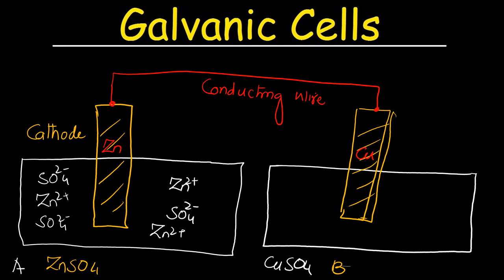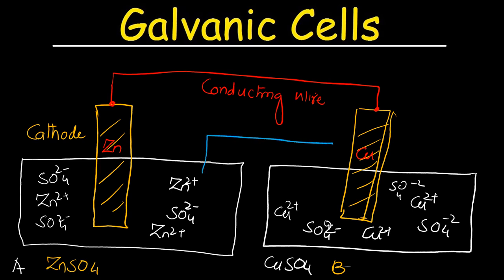Similarly, copper sulfate solution will consist of Cu2+ ions and SO4 2- ions. So now both parts of the galvanic cell are connected by a part, and it is known as a salt bridge.